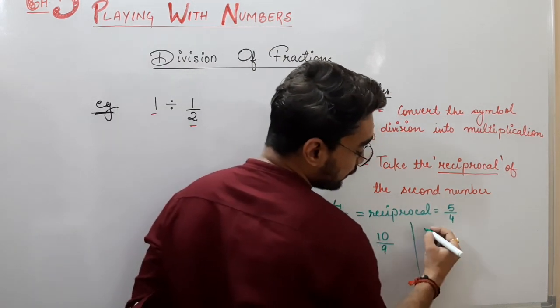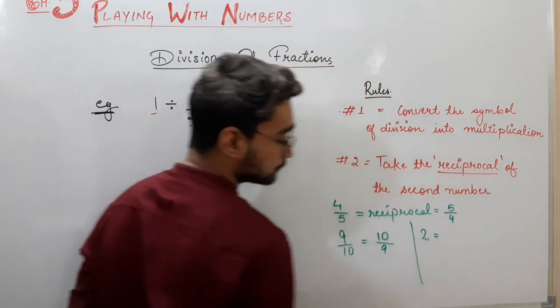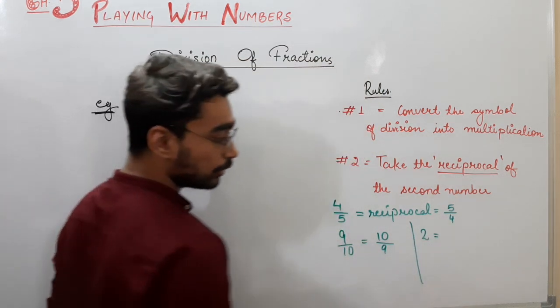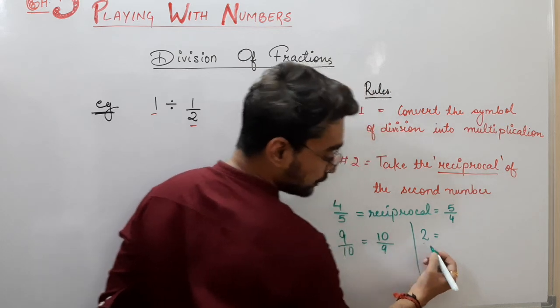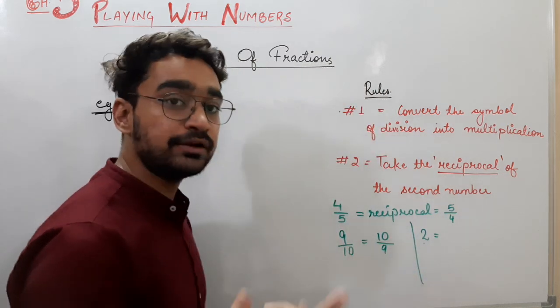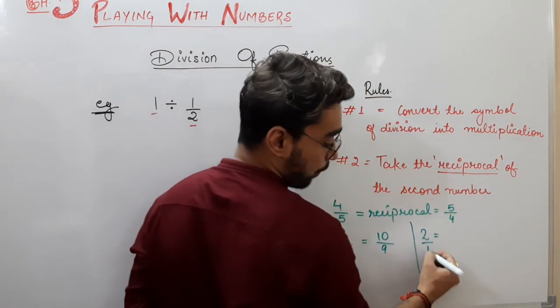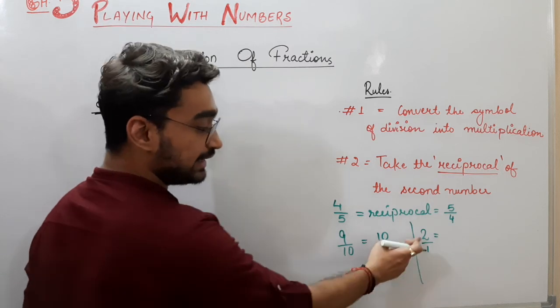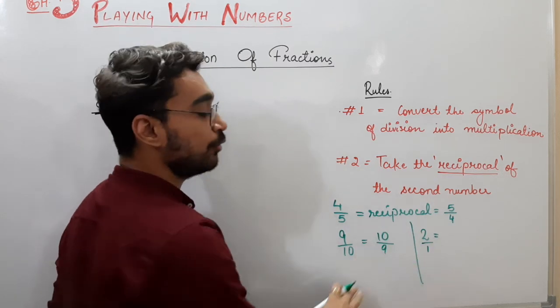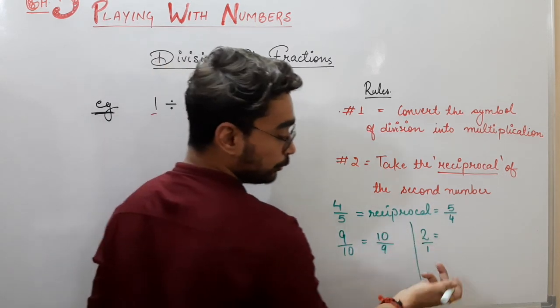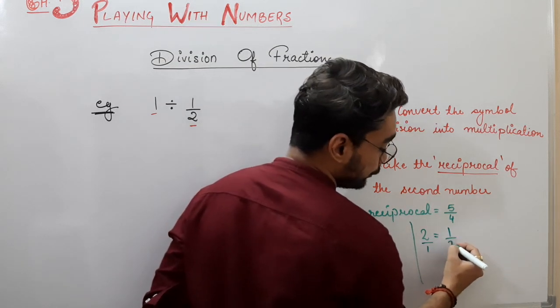What if I'm asking the reciprocal of 2? I have already told you that 2 means 2 by 1, because dividing any whole number by 1 gives you the same whole number. So the reciprocal of 2 by 1, or 2, will be 1 by 2.